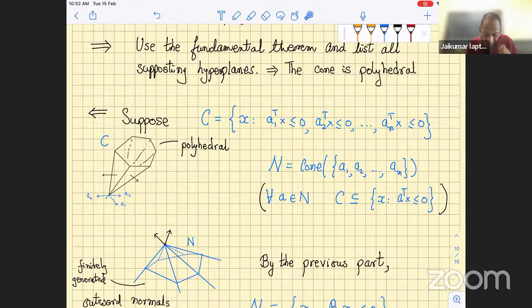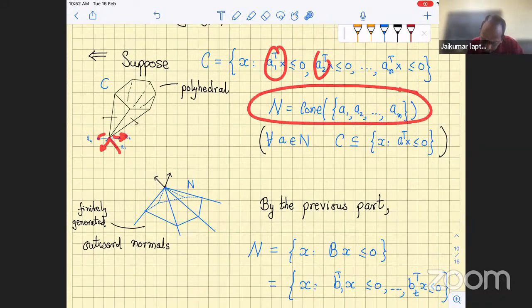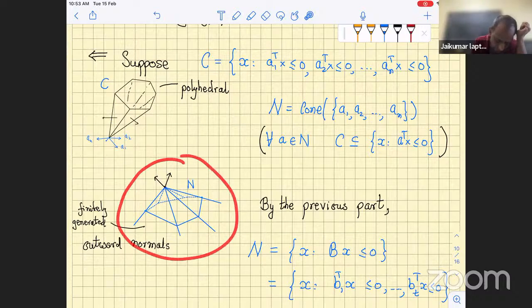So now this is the trick. Look at these ai's. They are also vectors. And consider the cone generated by those normals. So that is this cone. What did I do?